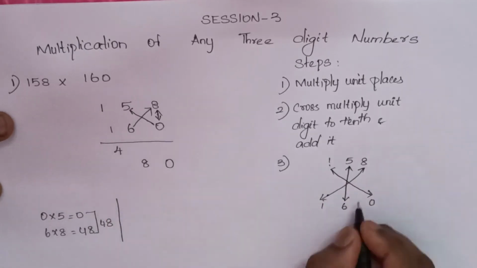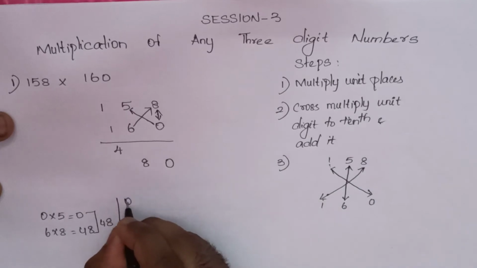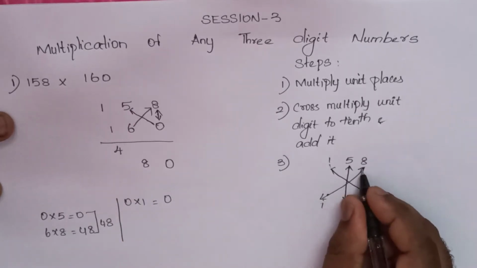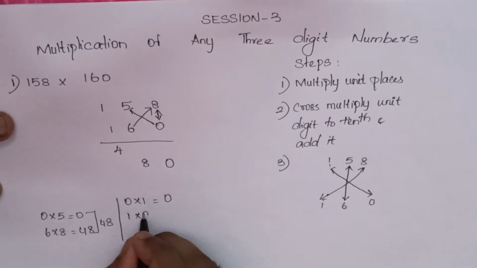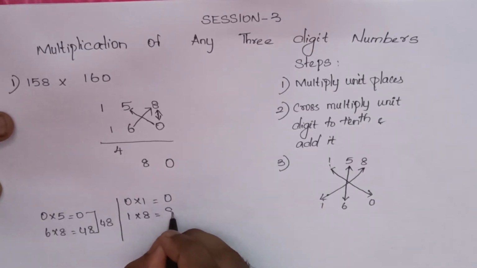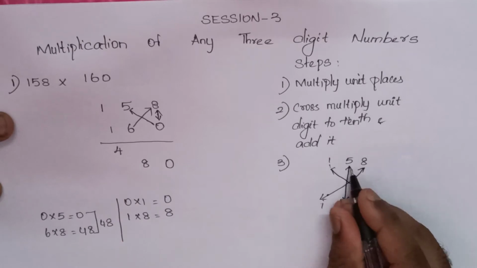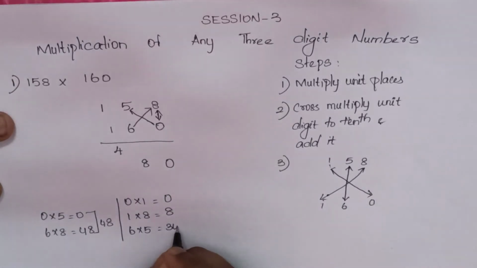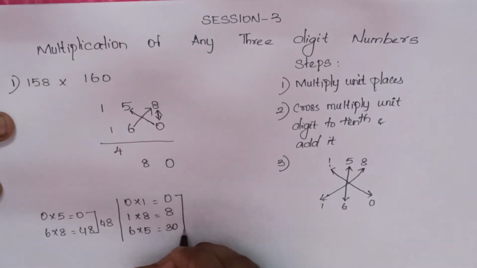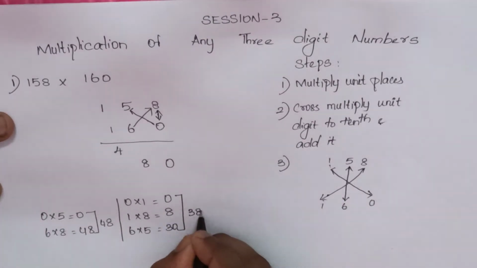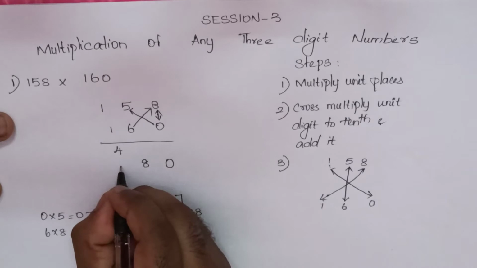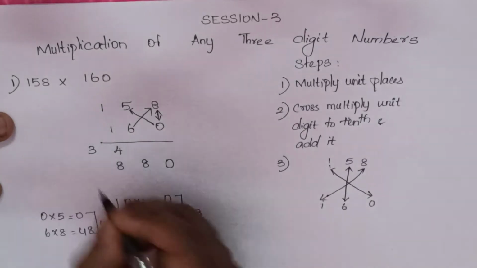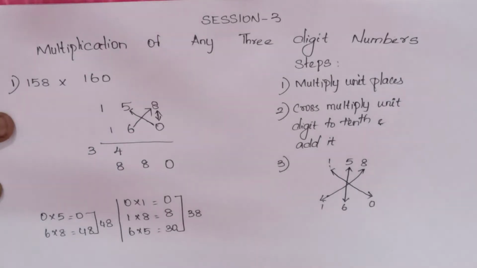First 0 into 1 is 0, and 1 into 8 is 8, and 6 into 5 is 30. Finally adding all those things you will get 38. So you have to put 8 here and 3 as a carry. This is the easiest way.